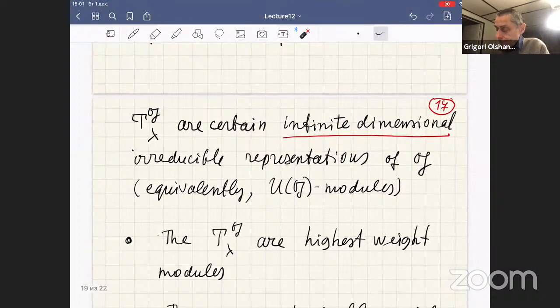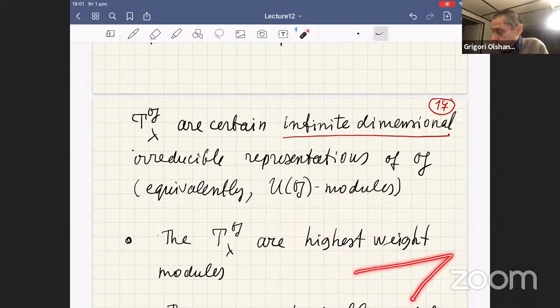they are still highest weight representations. They are not finite dimensional, but nevertheless, they possess highest weight vectors. So they are weight modules.